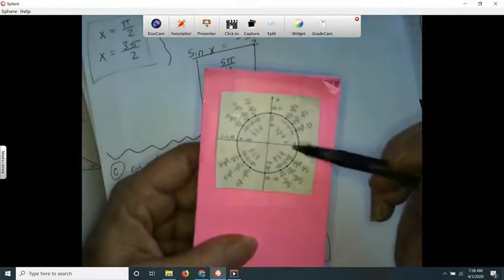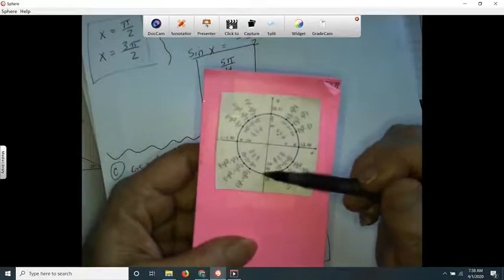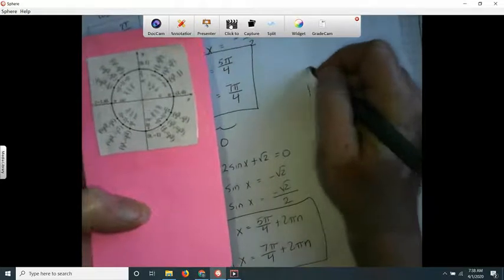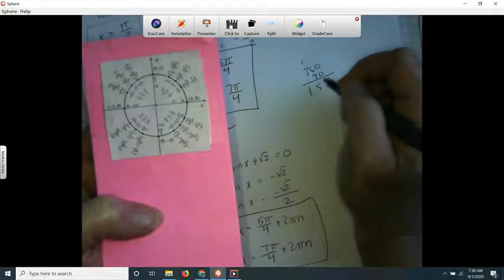pi over 2. Well, let me do it in degrees because I can think better in degrees. That's 90 degrees, right? And then that would be 180. And then if I went all the way back down there, that would be, there's 90, there's 180, 360 plus 90, 450.